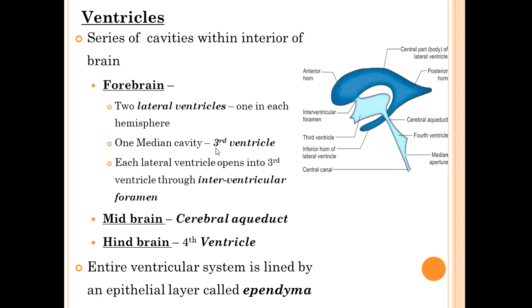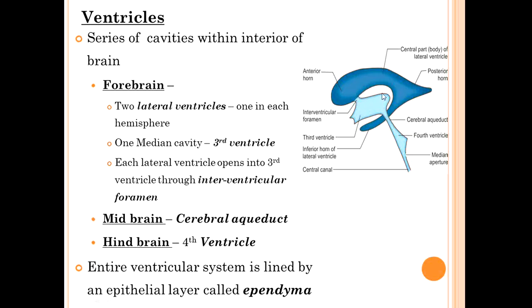One median cavity will be there, that is the third ventricle, and each lateral ventricle opens into the third ventricle through the interventricular foramen. You are able to see this section here. This is the lateral ventricle, which is opening into the third ventricle via the interventricular foramen of Monro.